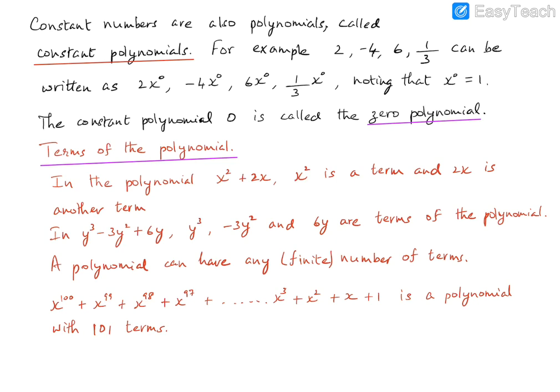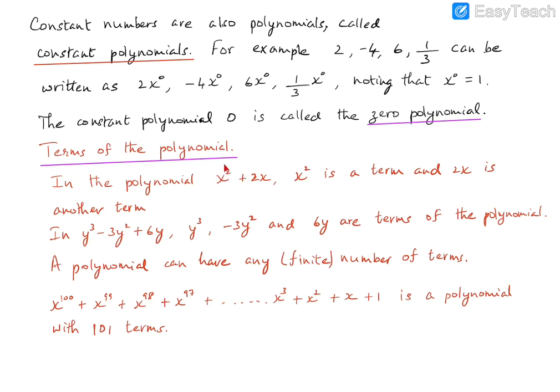Let's move on to the next definition in terms of the number of terms that are present in the polynomial. Based on the number of terms, we can classify polynomials into various types, and they have various names depending on the number of terms. So let's look at some examples and try to understand what we mean by the terms in the polynomial.